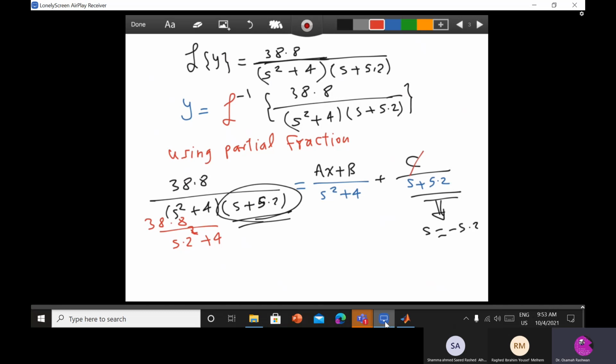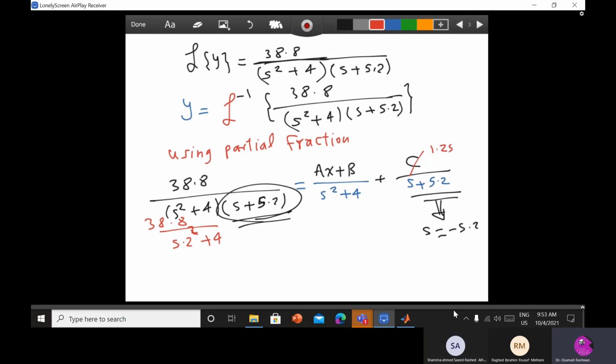So C will equal what? Make it as a fraction. 1.25.